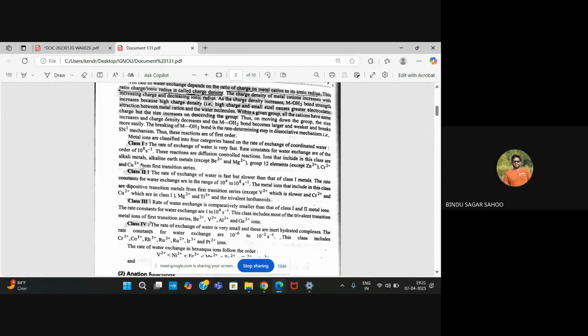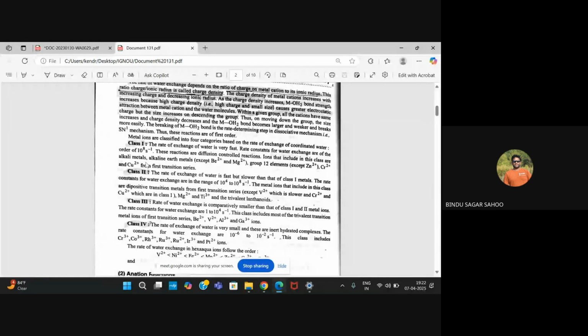You know from your graduation course that chromium 2 plus and copper 2 plus are good examples of JTD, Jahn-Teller distortion. A structure that is already in a distorted form can easily participate in a reaction and give a better product. So class 1 includes chromium, copper, alkali metals and alkaline earth metals.